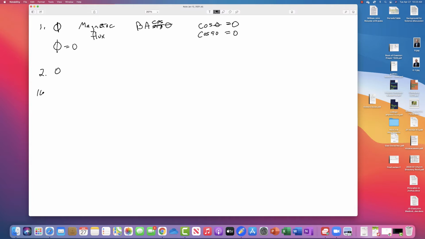Problem number 10. Now, problem number 10 moves into a new section. No, I'm sorry, it doesn't move into a new section. The next group moves into a new section.